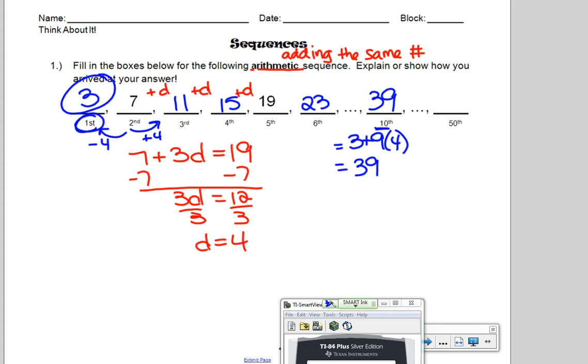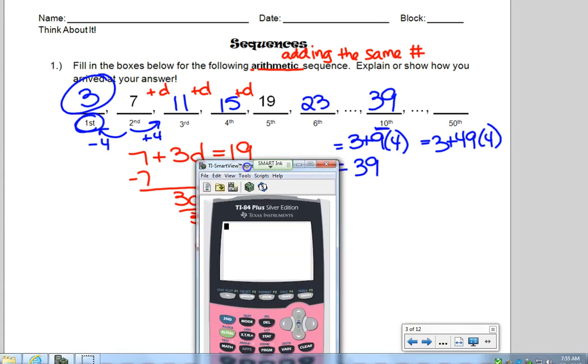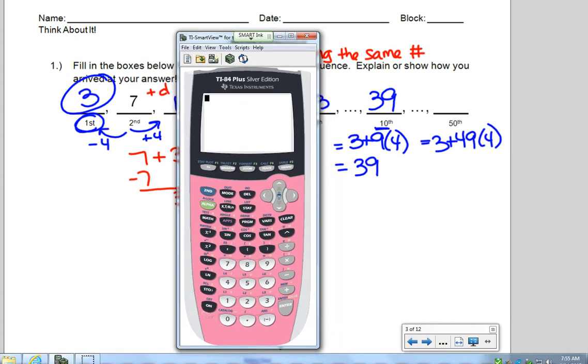So to get up to the 50th, I have all the information I need now. I know I'm going to start with 3, and to get to the 50th, I'm going to have to add 4 49 times. So it's going to be 49 4s. I'll use my calculator for this one. So that number will be 199.